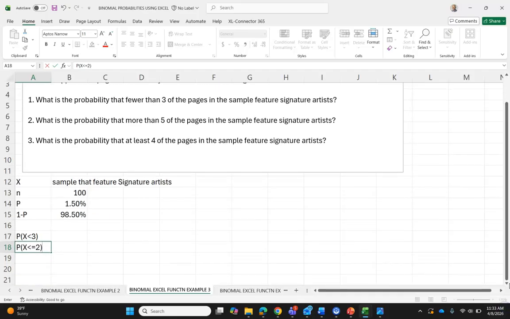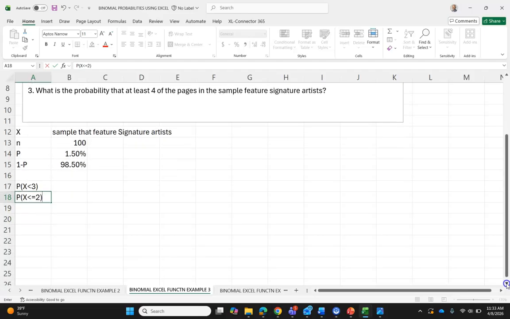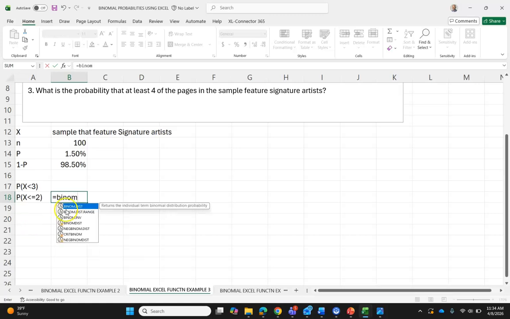So having done that, we can respond to all these questions. We can go to what is asked. We put an equal sign and we type binom, so you can select the BINOM.DIST.